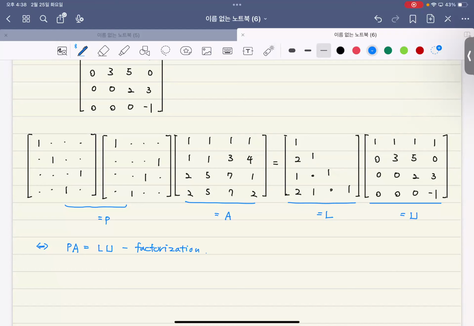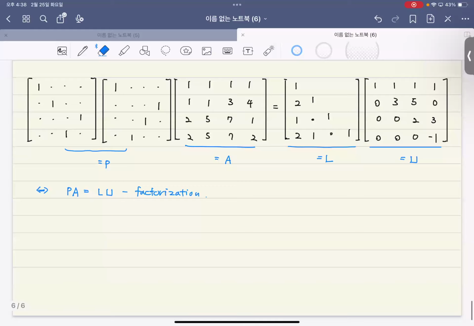This is a more general version of the LU factorization. If your matrix cannot have an LU factorization, you can still have one if you permute the rows of your matrix.